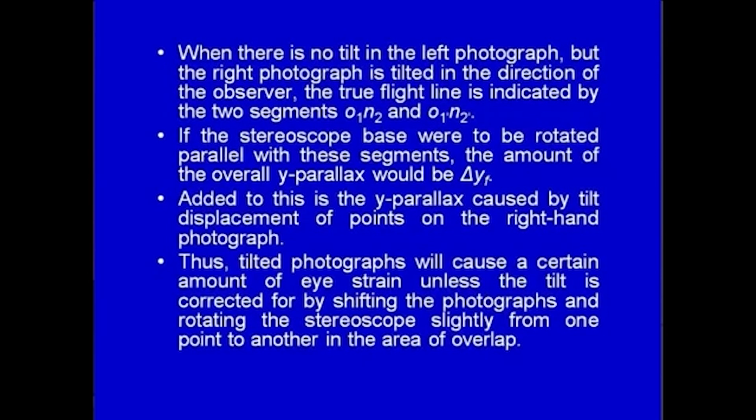Thus, tilted photographs will cause a certain amount of eye strain until the tilt is corrected for by shifting the photographs and rotating the stereoscope slightly from one point to another in the area of overlap.